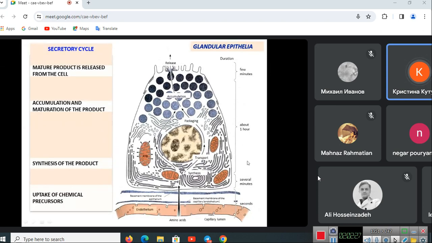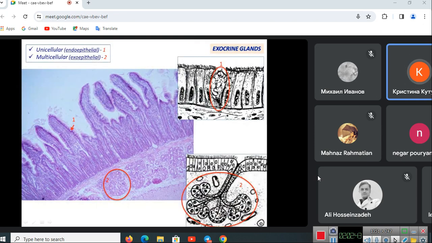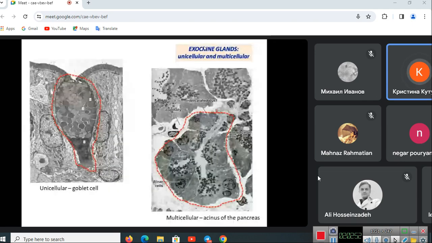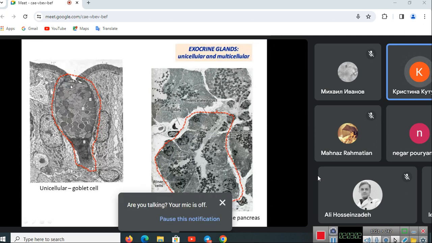The stage of synthesis and accumulation takes about 1 hour, and other stages take a few seconds up to a few minutes. Glands are also divided into exocrine and endocrine glands. Exocrine glands release their secrets out to the surface of our body or into the lumen of organs.